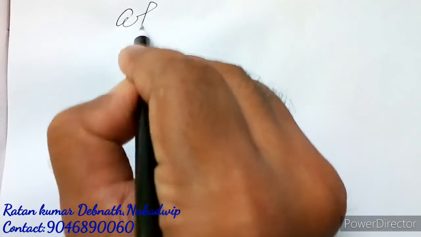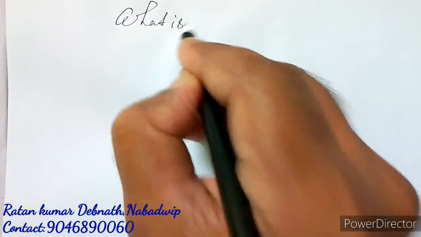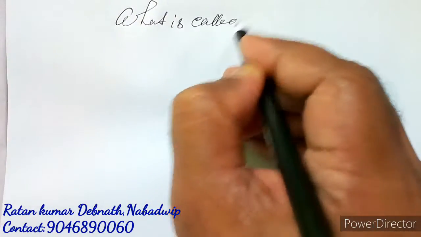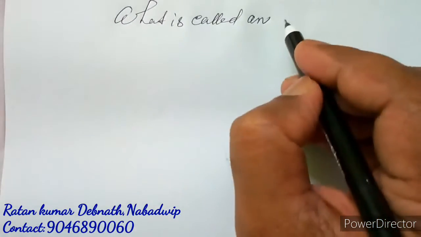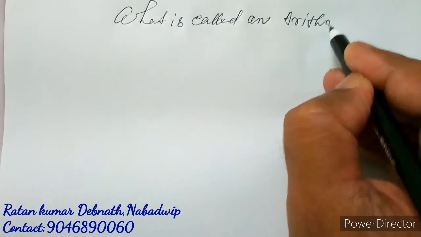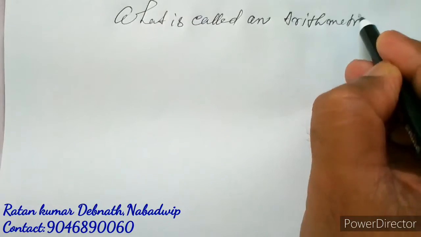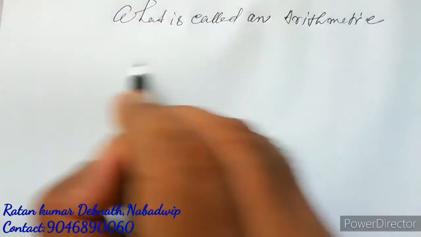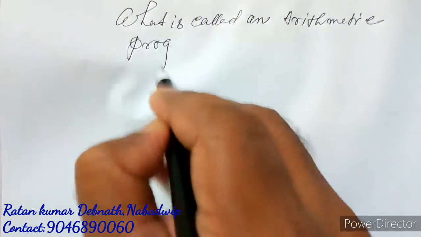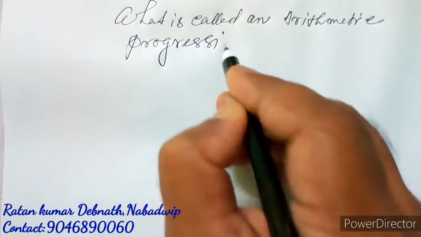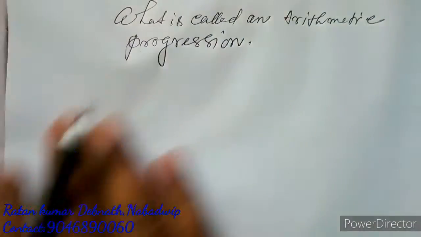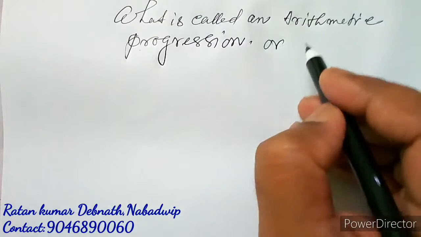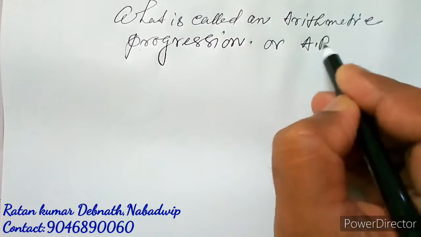Define an AP series. What is called an arithmetic progression or AP?